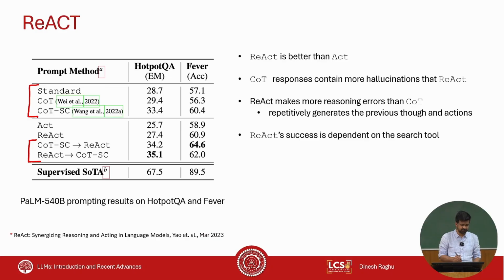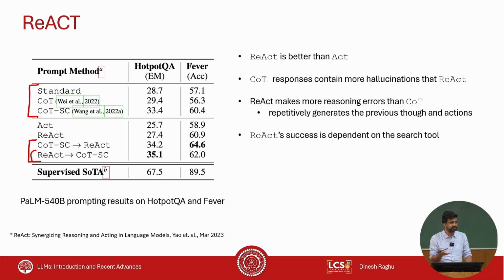And so in practice, people typically break off after a certain number of iterations. If it doesn't give back the right thing, or if it predicts the same action that it did before more than twice, then I will stop doing REACT. And the other important part is REACT's success in this setup of HotpotQA and FEVER is very much dependent on the search tool.